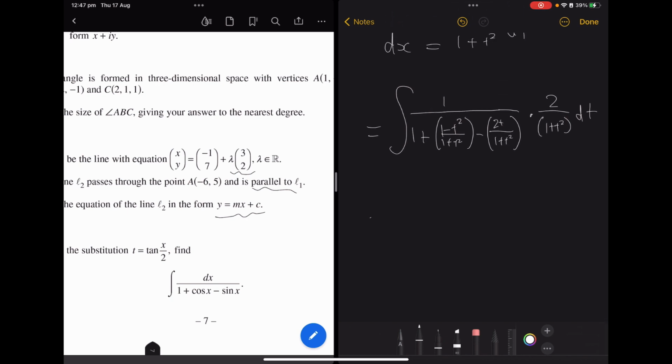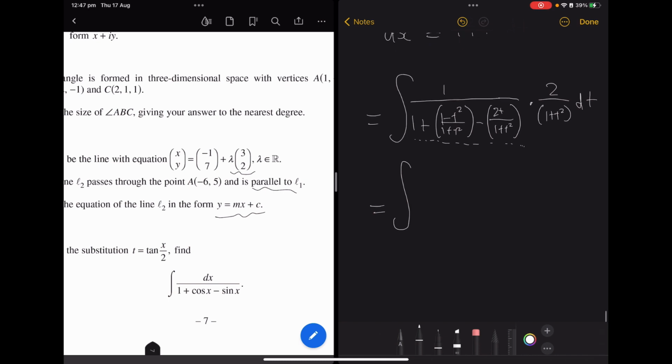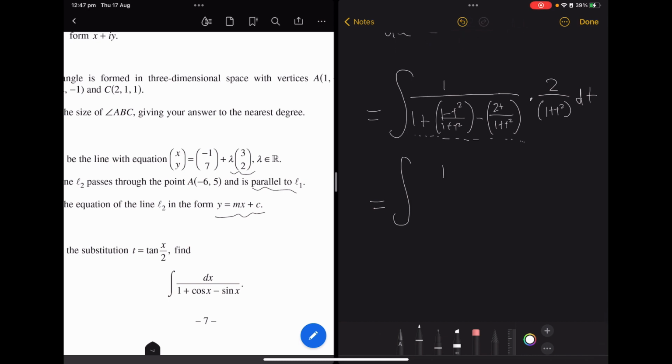So if you can look at the working out, let's times everything on the left side by 1 + t². So that's the same as (1 + t²)/1 times 1 + t², which is just 1 + t², plus 1 - t² minus 2t, times 2/(1 + t²) dt.